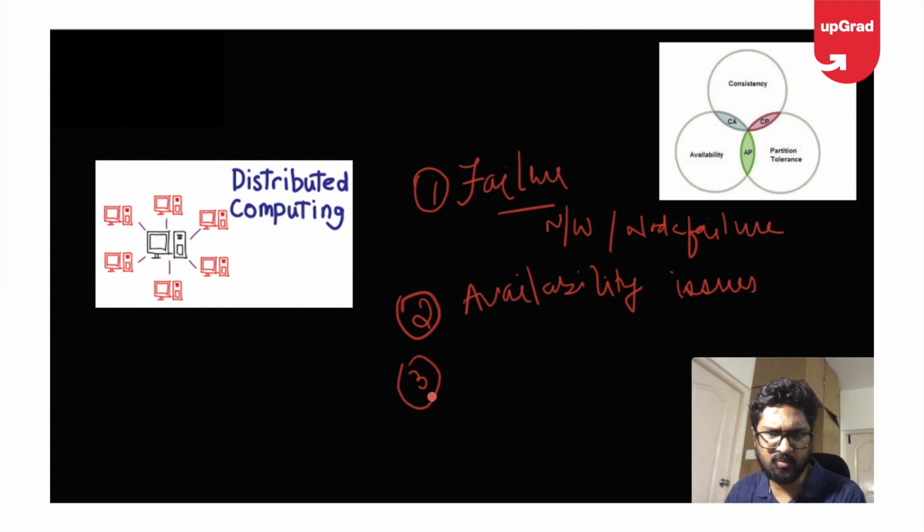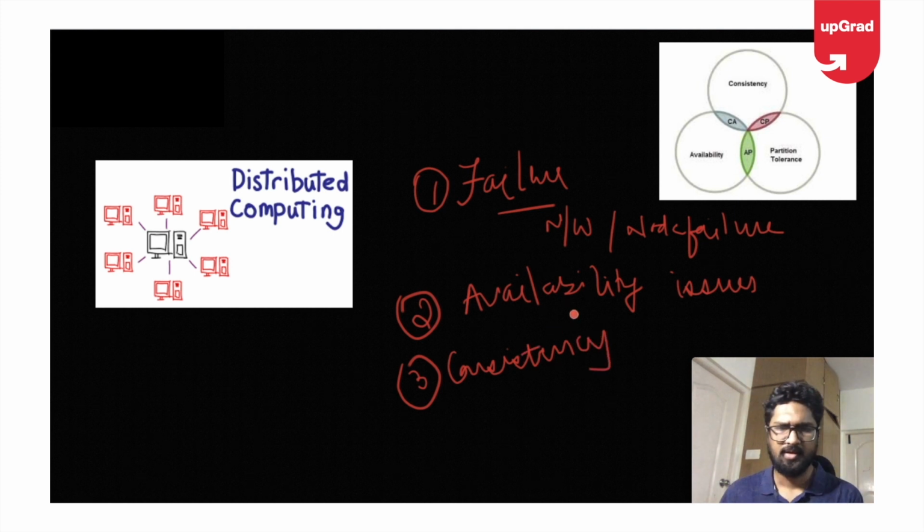And the third is consistency. The CAP theorem states that out of these three, failure, availability, and consistency, you can only achieve two at a time. Either you achieve control over failure and availability and compromise on consistency, or you achieve consistency and availability and compromise on failure, or you achieve control on failure and consistency and compromise on availability.